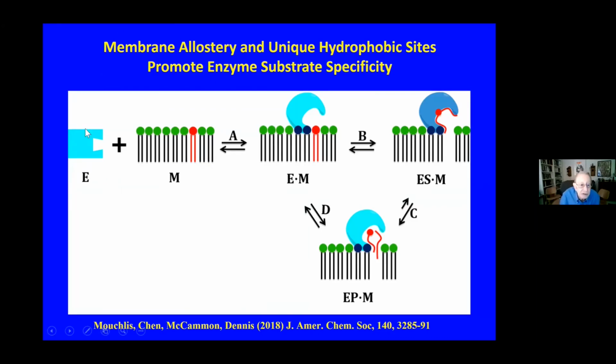So to conclude, the scheme I showed a few minutes ago of a water-soluble phospholipase associating with the membrane causes a conformational change, opening up the active site to bind a single phospholipid with very specific subsites for the SN2 leaving fatty acid, and incidentally for the SN1 fatty acid.